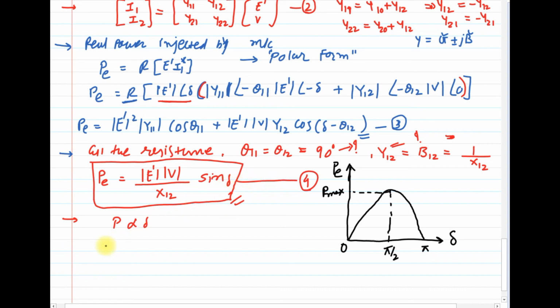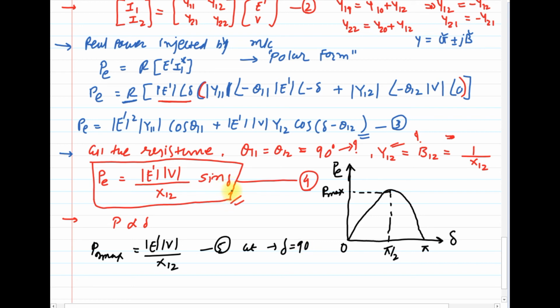Clear? So if we apply this condition, at pi by 2, or delta equal to 90 degrees, in equation number 4, we will get the maximum power delivered or injected by the machine, which is P max equal to E dash V divided by X12. Equation number 5 shows the maximum power at the condition delta equal to 90 degrees.